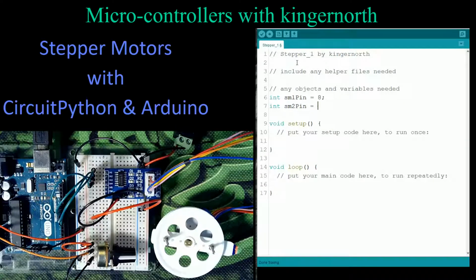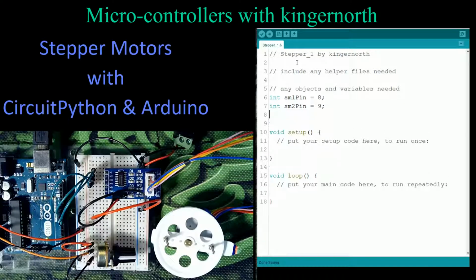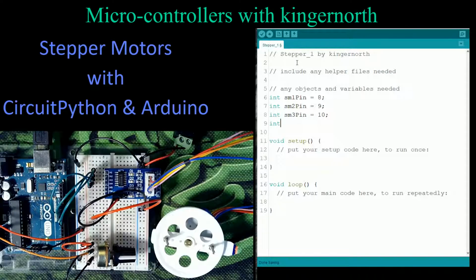I'm just choosing spots that are all side by side to make it nice and easy. Integer SM3 pin equals 10. And you can guess where the last one goes. I'm pretty sure you're going to see that it goes to number 11. SM4 pin equals 11. So those are our 4 assignments for our pins.